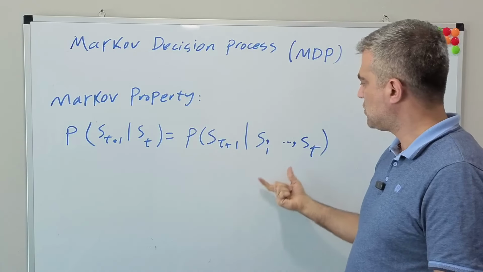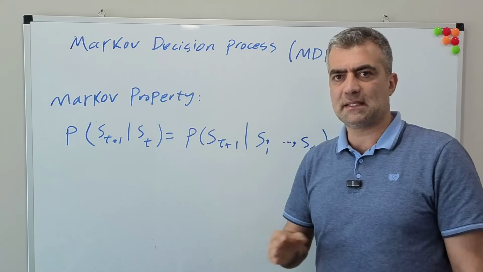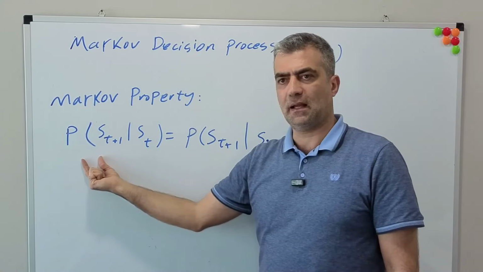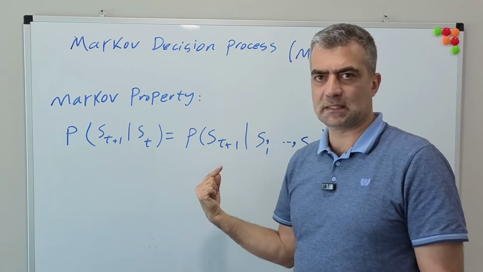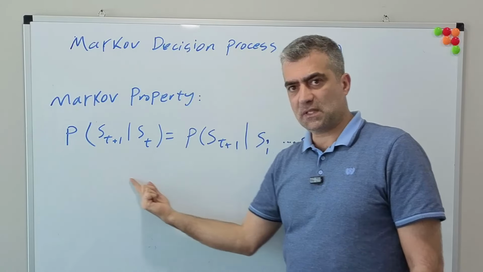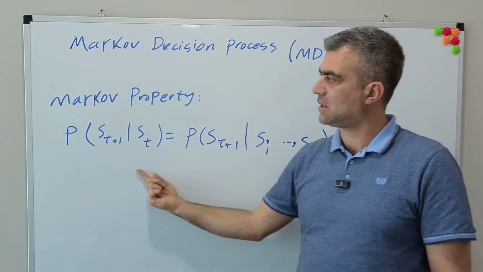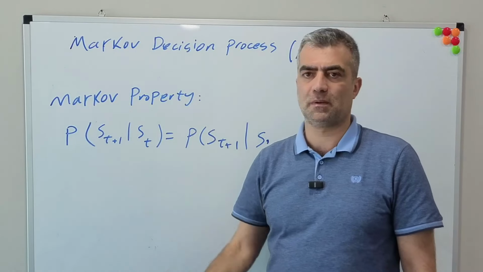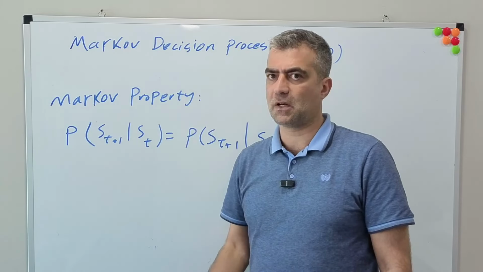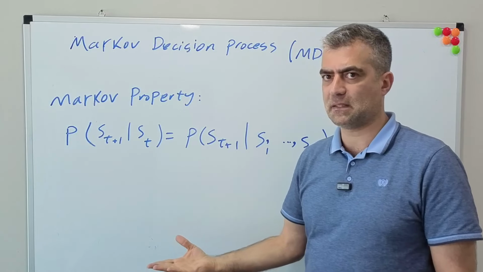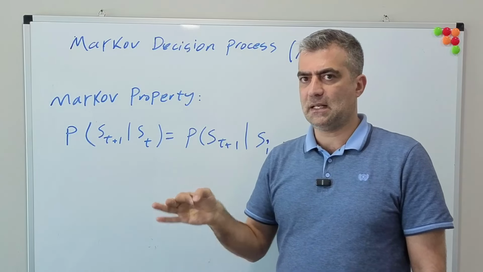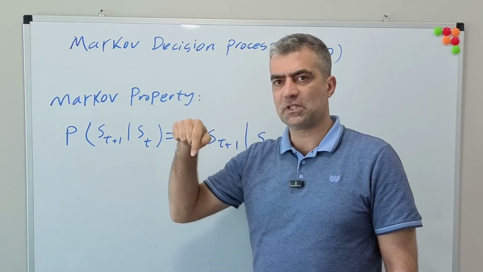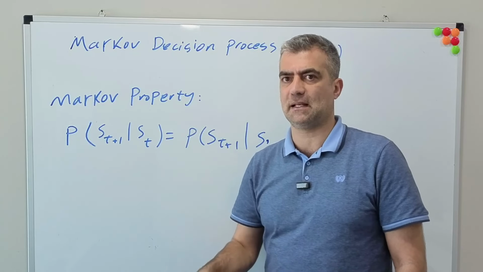It means that you consider them or you don't consider them, it doesn't matter. You see, this part is missing here, and the probabilities are the same. If you have such a condition, you say that your problem has Markov property. Markov property means the past doesn't matter. The only information that we need to decide about the future is information about the current state.